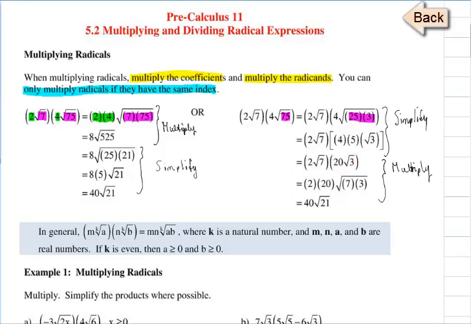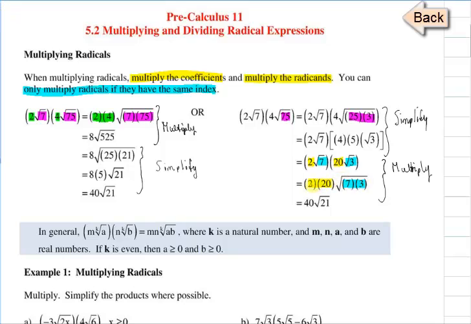And now you can go ahead and multiply your coefficients, multiply your radicands. And so when you multiply your coefficients, you will have 2 times 20. When you multiply your radicals, you will get square root of 7 times 3.